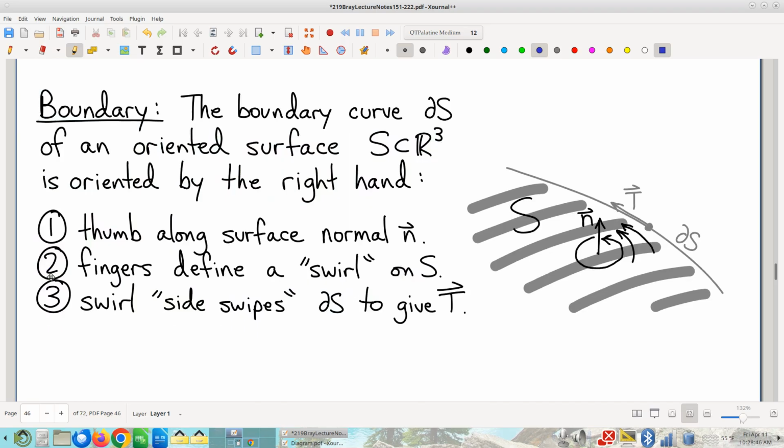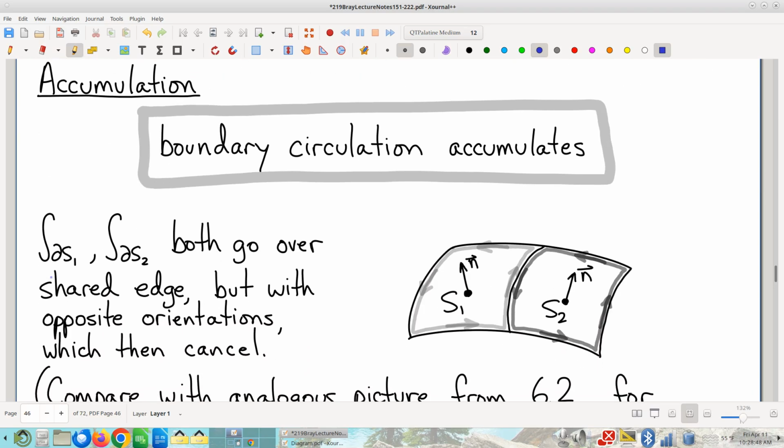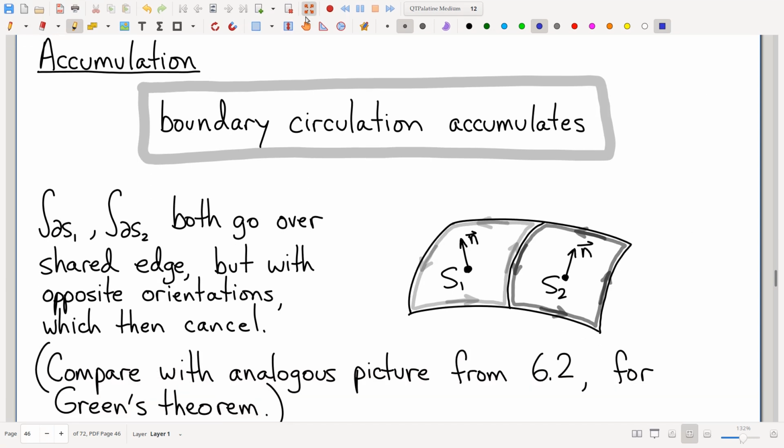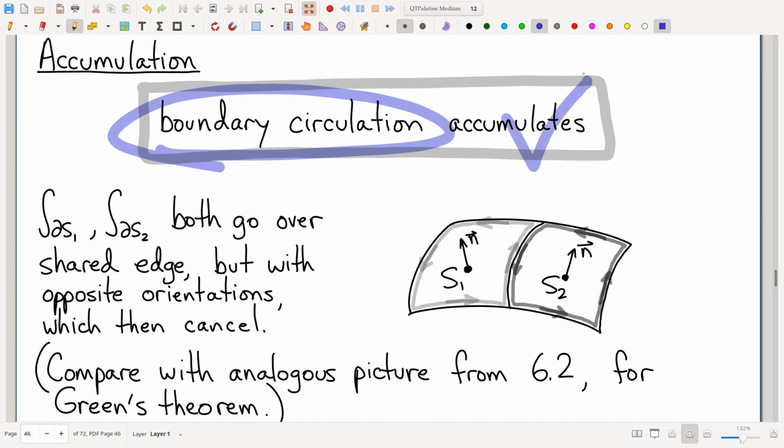Okay, so that said, we're going to blow through some of this stuff here because it's all the same as stuff we've seen before. I'm going to say boundary circulation accumulates. You've heard me talk about that in the past when we were doing Green's theorem. In Green's theorem, we had a 2-dimensional region in a 2-dimensional plane. Here we have a 2-dimensional surface, still 2-dimensional.